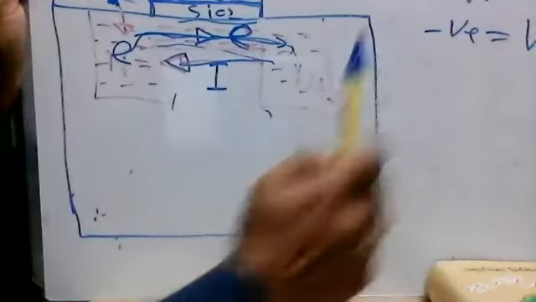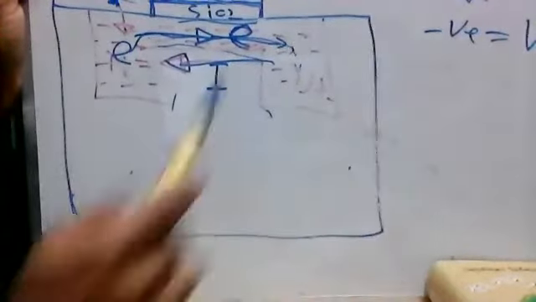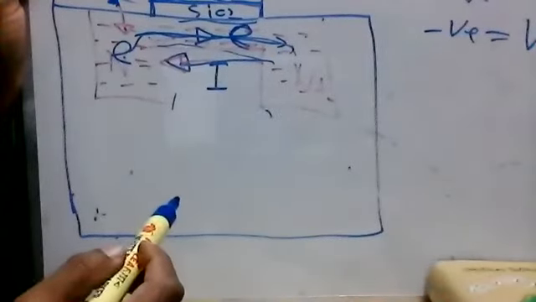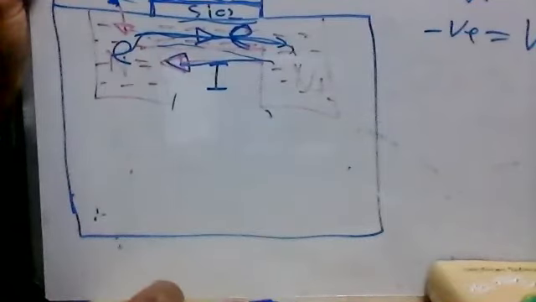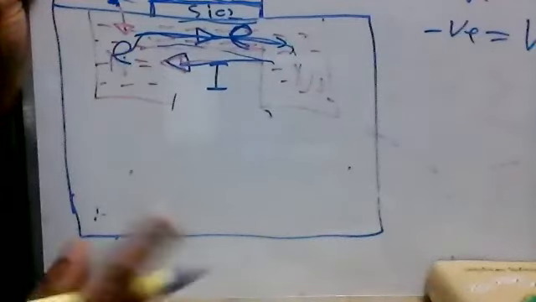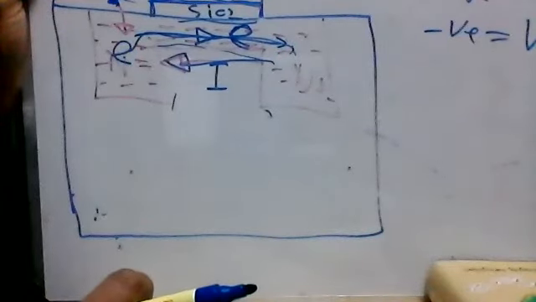Consider the BJT. In the case of a BJT, there are two junctions, and the current flows because of the minority carrier and the majority carrier, and some currents are going opposite to the other currents.